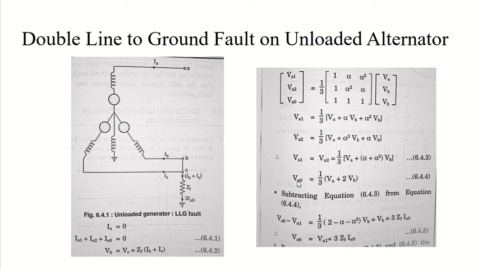So when you do so, you will get VA0 minus VA1 is equals to one third. This VA will get cancelled. You will have 2 minus alpha square, because VB is common in all three of them. So 2 minus alpha square into VB.